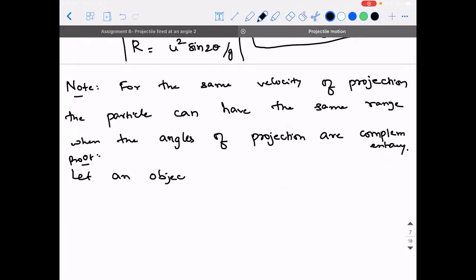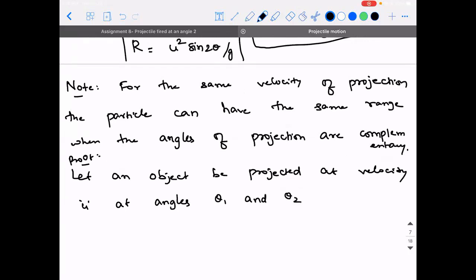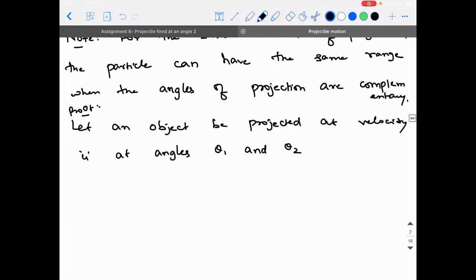Let an object be projected at velocity u at angles theta 1 and theta 2. Let their ranges be the same.